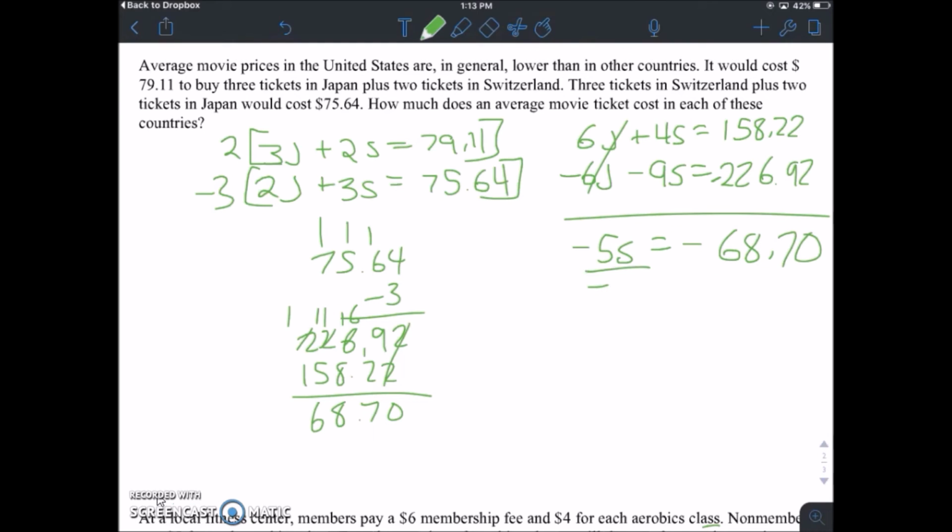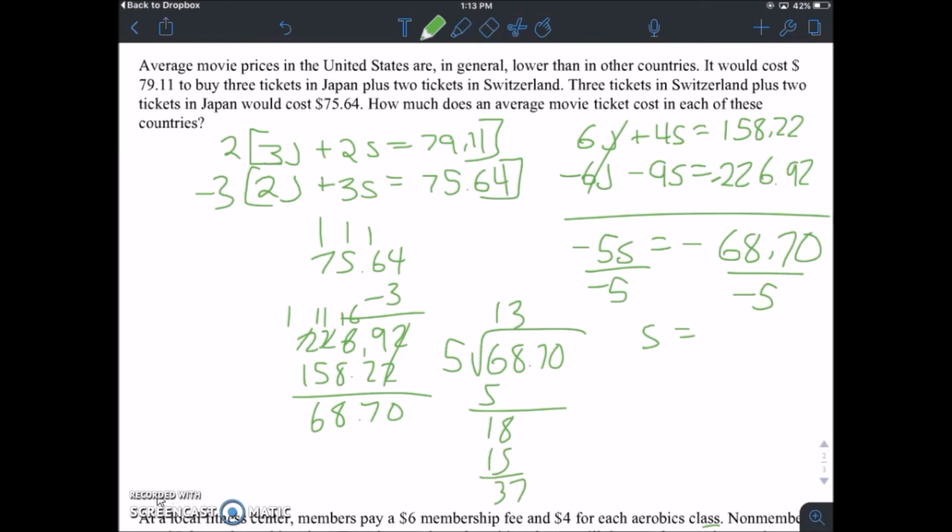Divided by -5, 68.70 divided by 5 is 13.74. Again, I've only solved for one.